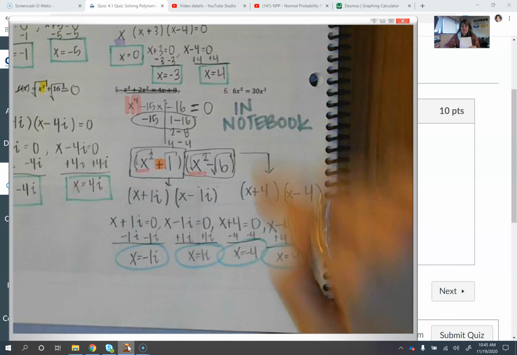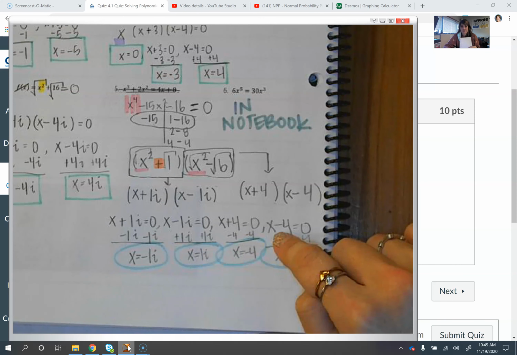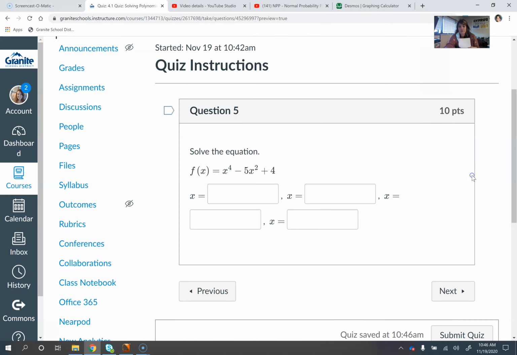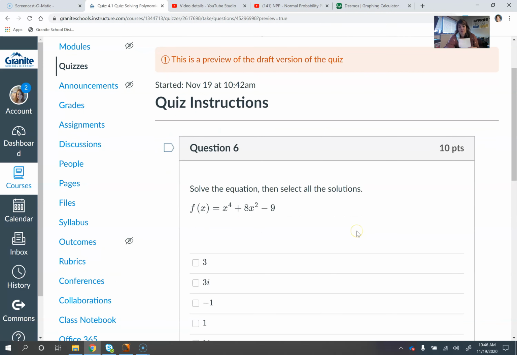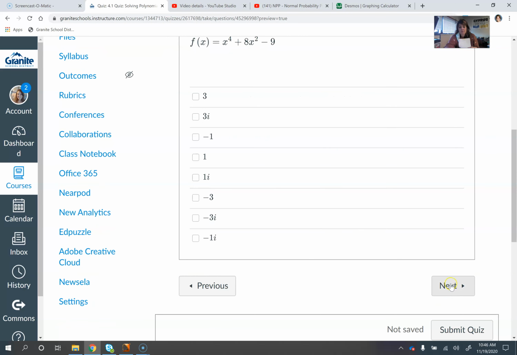So questions 5 and 6 are both very similar to this. Spoiler alert, you are going to have imaginary roots. So you can't just use Desmos on number 5 and number 6. You have to have some idea about what those imaginary roots are going to be.